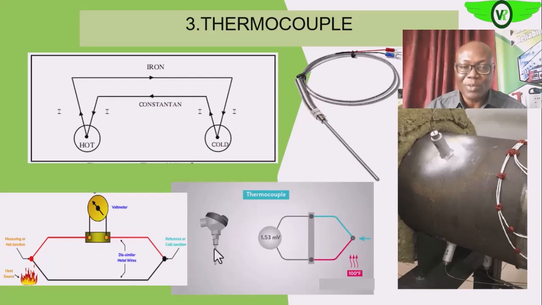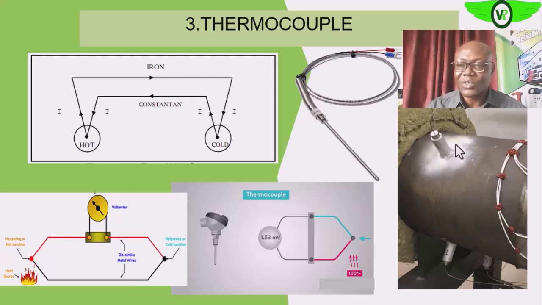This is the thermocouple, and this is the junction box that carries these two terminals, which you can connect to your controller or to your transmitter. This is how you see it physically. The two dissimilar metals are here, and these are the two wires that take your output voltage to your transmitter or to your controller.